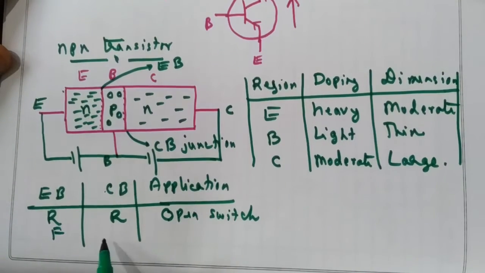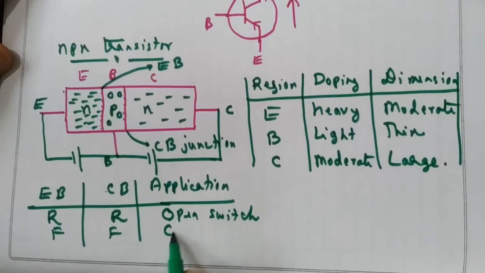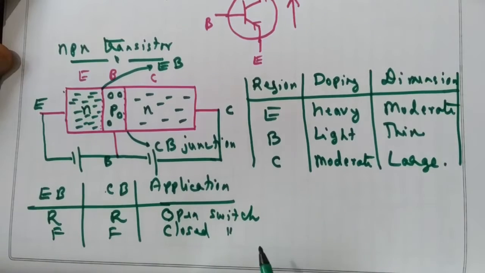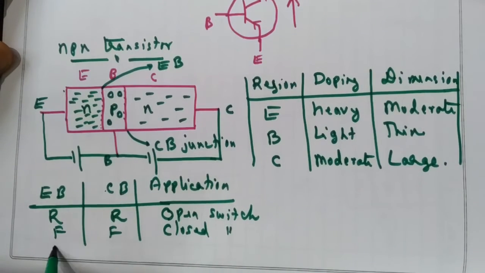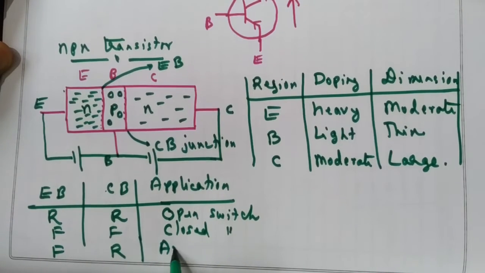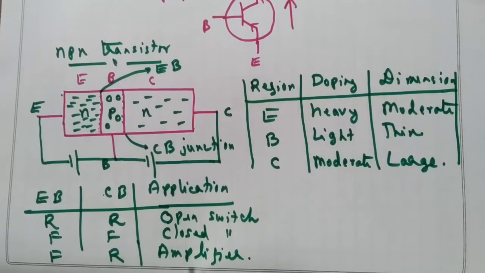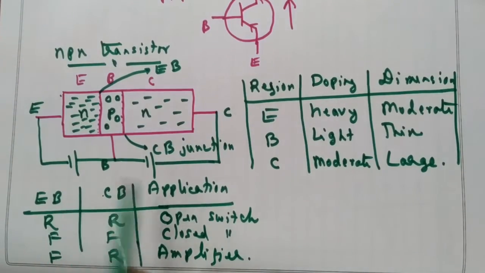If both are forward, the transistor acts as a closed switch. Emitter base junction forward and collector base junction reverse, it acts as an amplifier. Normally the transistor is used as an amplifier, that is why this is the biasing scheme.